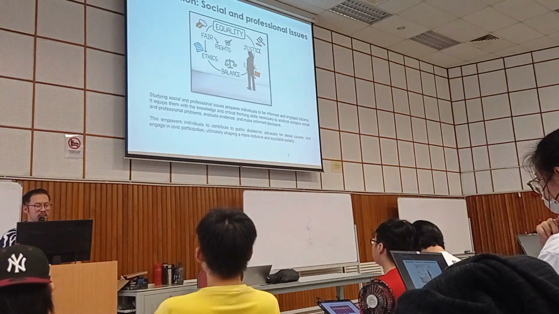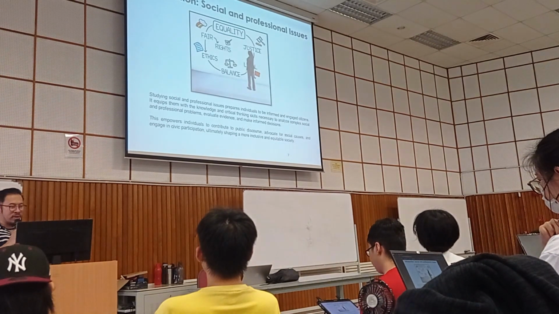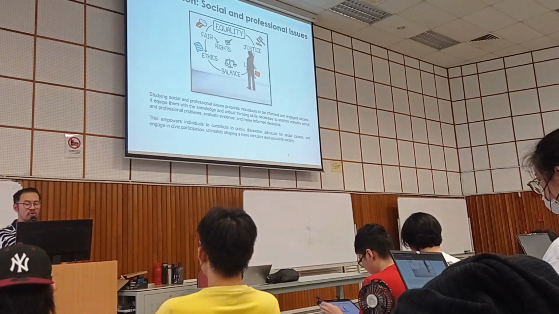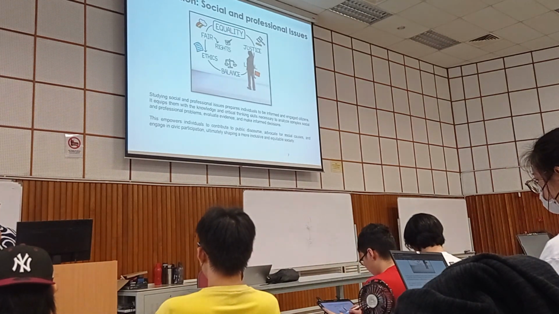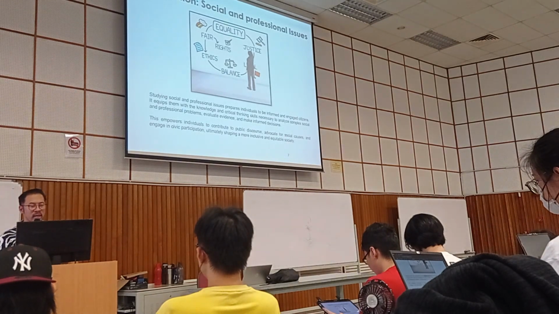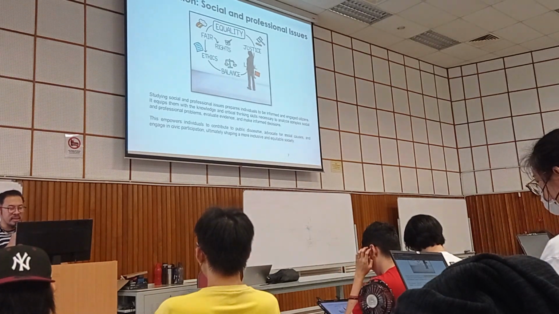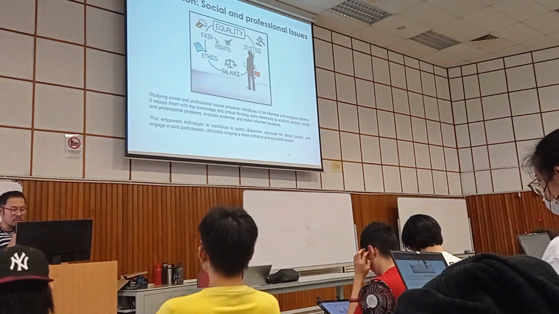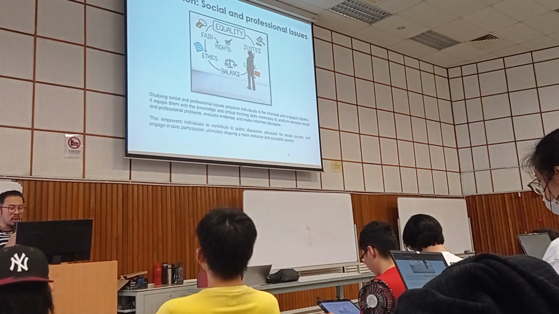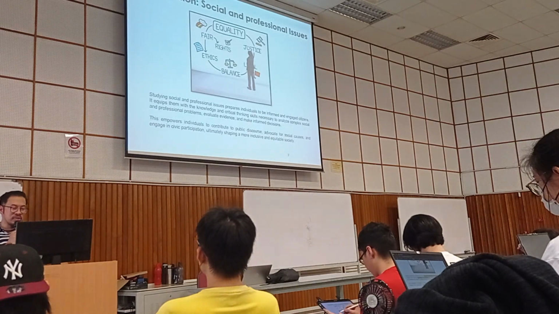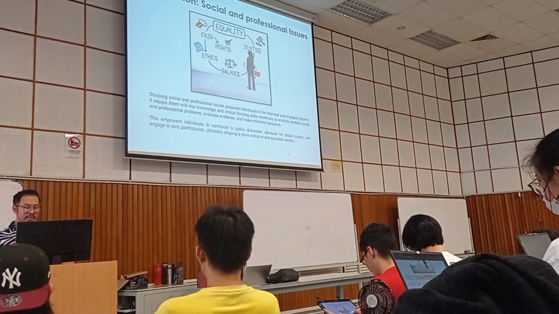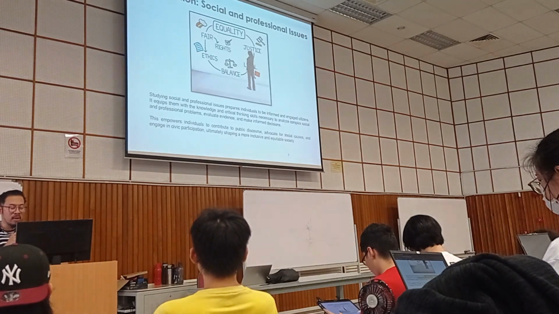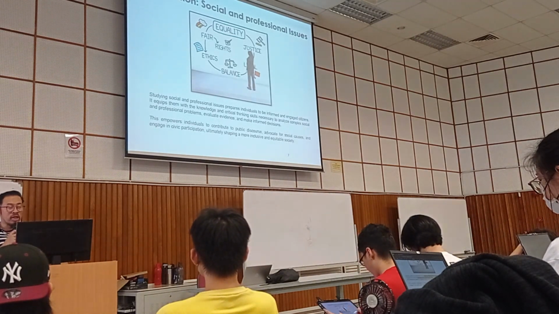Okay, so studying social and professional issues basically is to prepare individuals to be informed and engaged citizens. So it equips them with knowledge and critical thinking, okay, understanding what can be done, what is lawful and not, and also critical thinking, which is very necessary in order to analyze complex social and professional problems based on evidence.